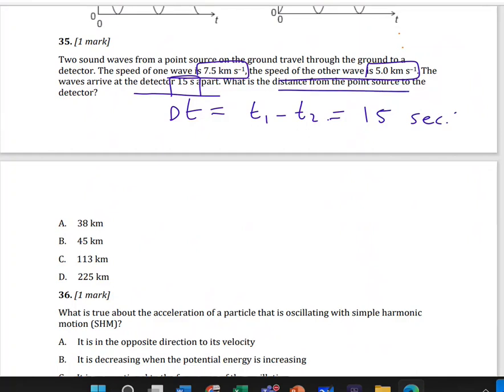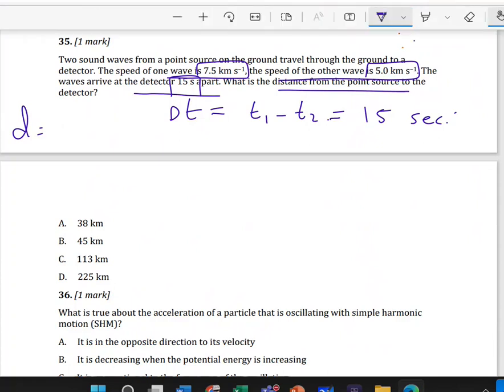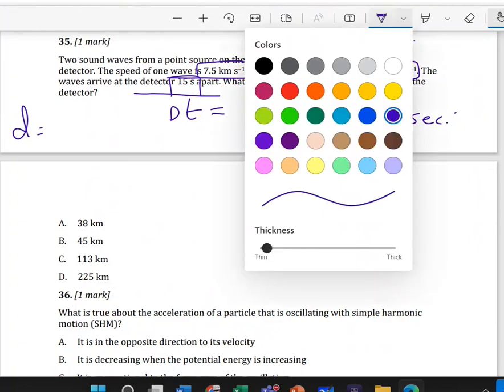What is the distance? Distance is velocity times time.